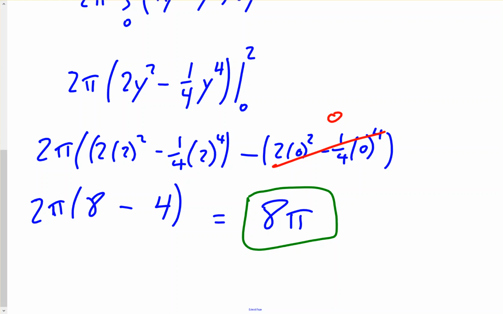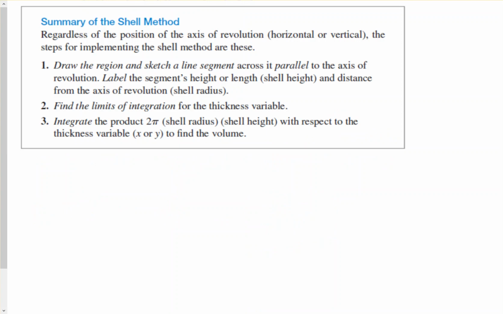So, to summarize for the shell method, these are the general steps, right? You want to draw the region, sketch the line segment across where it's going to be revolving around, label your height, your length, your distance from the axis of revolution, for your radius.